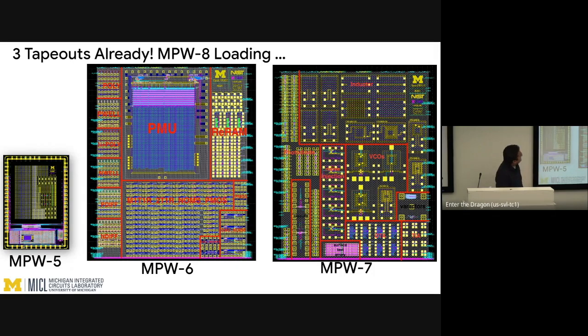It's on the right there. The PMU is where we use those routines for mesh arrays, flying caps arrays and power switch arrays. And the last one had inductors, as you can see there, VCOs and TIAs. So it's getting a lot more complex, and we can still tape out in 3 months. I think that by itself is a data point where you can see that this framework is working, right?